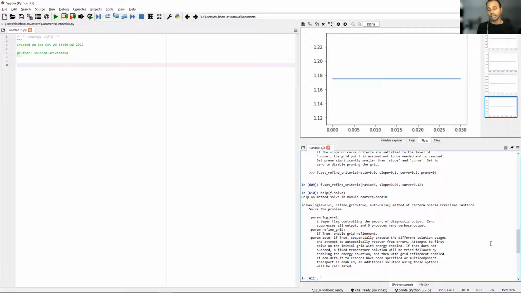The second input is refine grid, which is either true or false. If you say refine grid as true, then Cantera will proceed with automatic grid refinement, otherwise not. And finally, auto equals false or true.